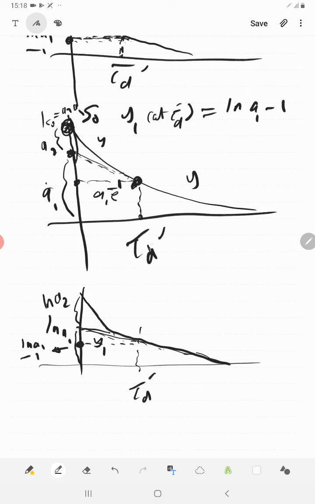Or you can use the ln y, which is y1, the linear part of the curve, to calculate.